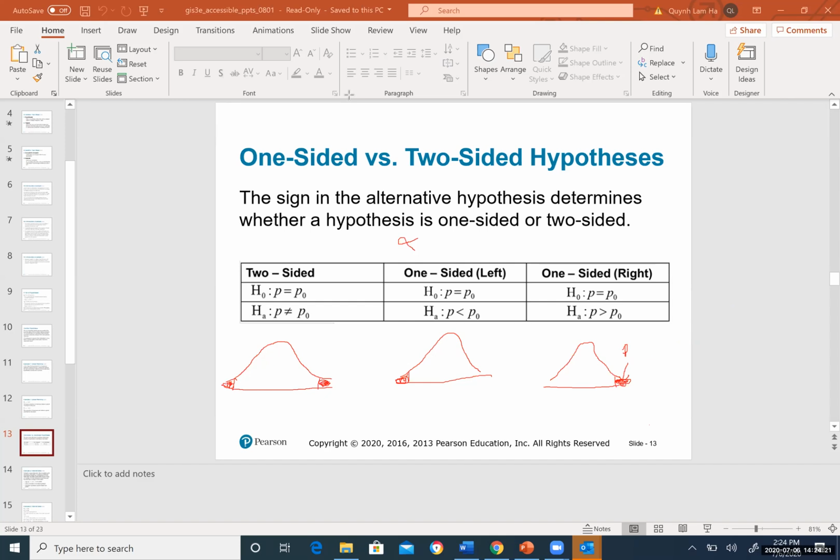Usually I have my pen with me, but today I don't. Anyway, p-value. Okay, there you go.